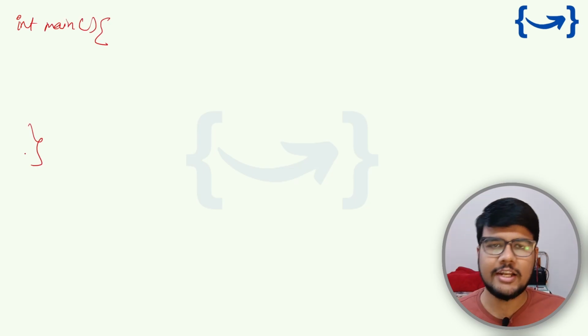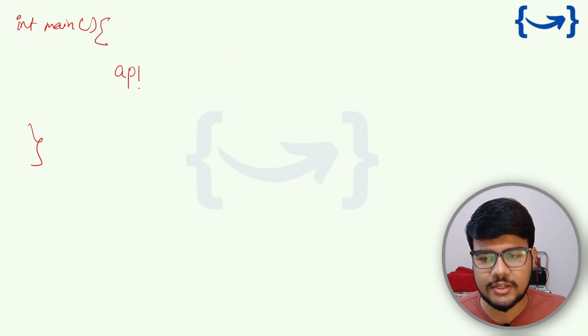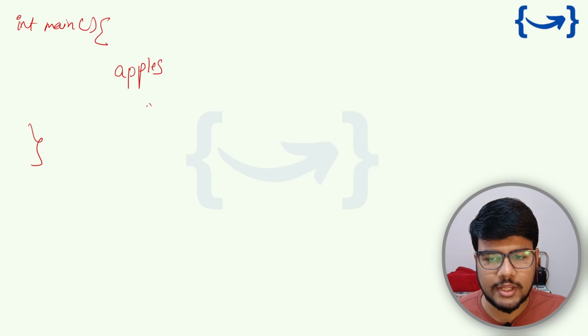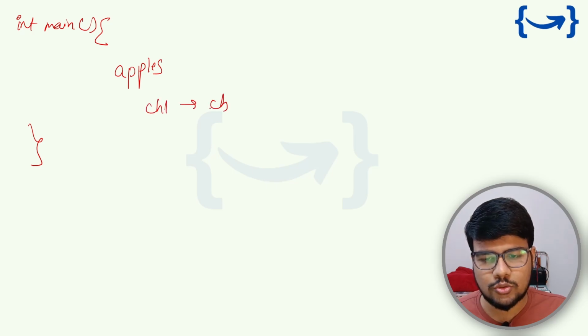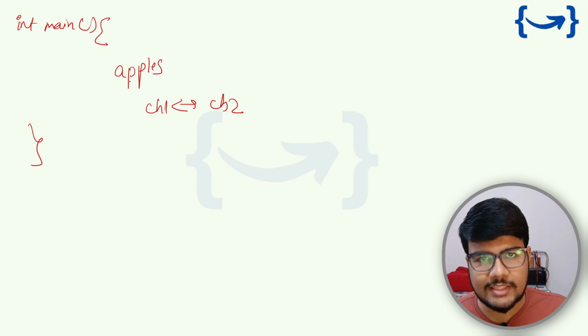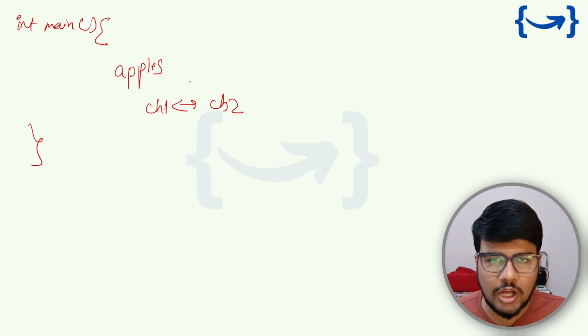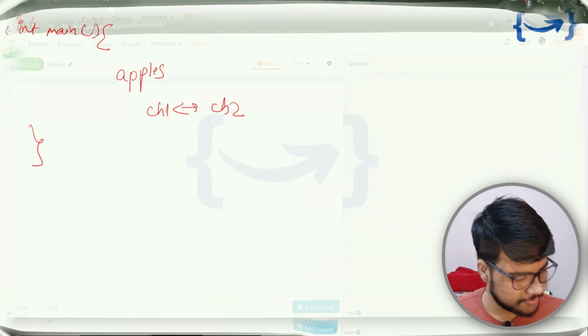I will directly hop to our compiler because I don't think this question requires a lot of explanation. If it is given as apples, you just need to replace ch1 with ch2 and ch2 with ch1 and vice versa, so A is replaced by P and P is replaced by A as per the sample test case. So let's hop to the compiler.